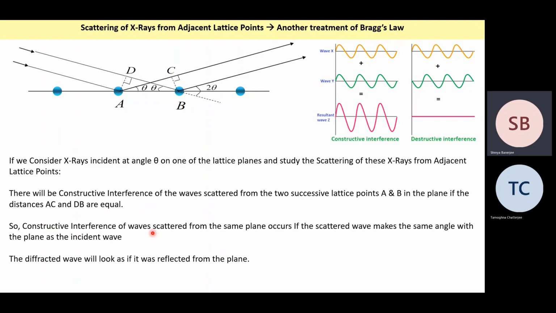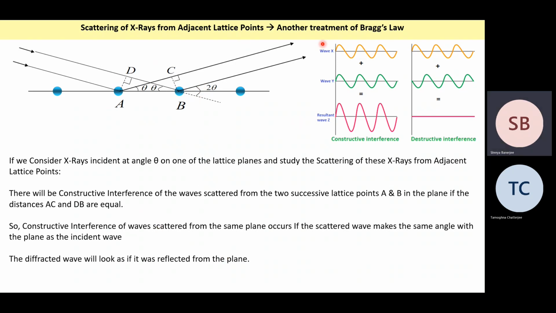Constructive interference of waves scattered from the same plane occurs if the scattered wave makes the same angle as the incident wave. You can see the incident wave makes an angle of theta, and the scattered wave also makes an angle of theta with the plane. If you extend the incident wave, the angle is 2 theta.